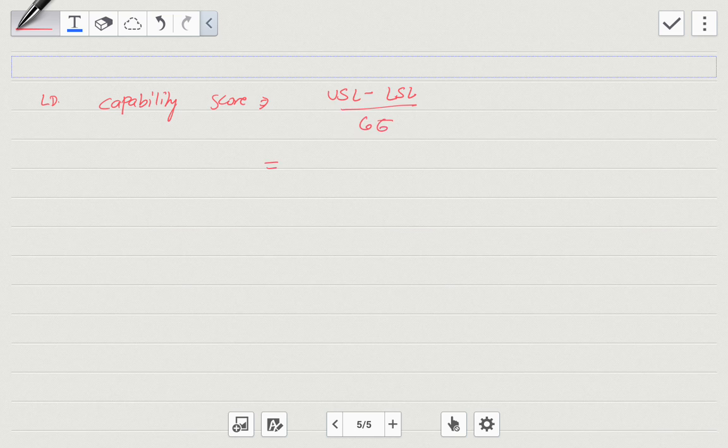In this problem, the specifications are 95.5 grams minus 94.5 grams, divided by 6 times the standard deviation, which is 0.25. So this is 1 divided by 1.5, so your capability score is 2/3.